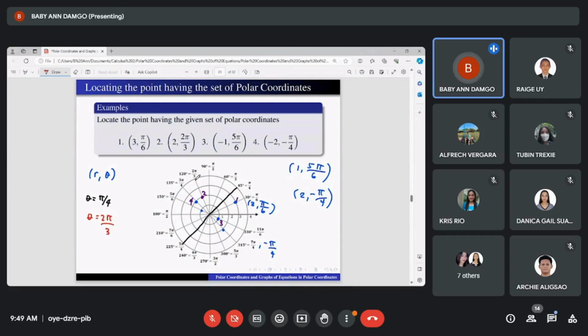Okay, so please take note, it also appears on the opposite side. Not only from the pole to 2 pi over 3, it also appears from the pole to 5 pi over 3. So, opposite of it. So, this is the angle 2 pi over 3. Okay?